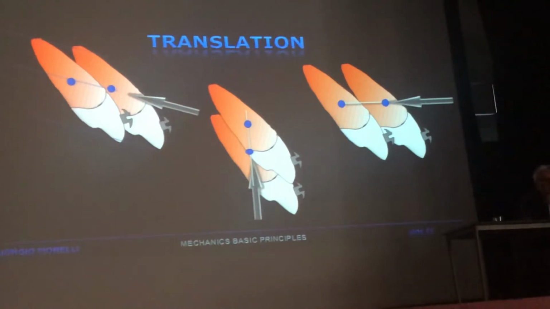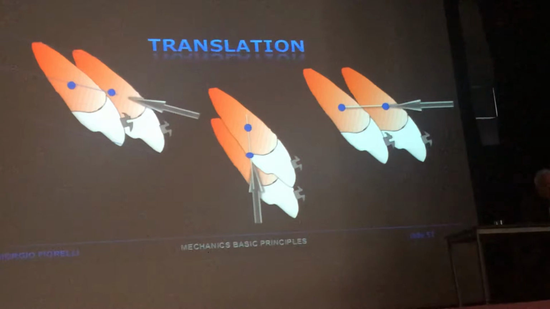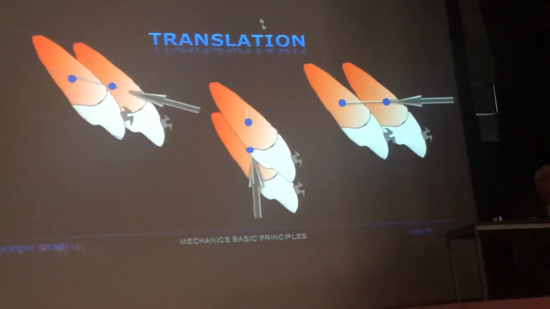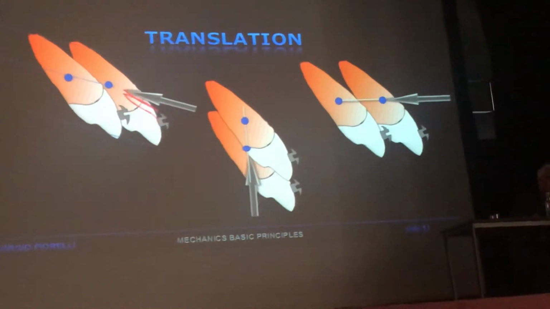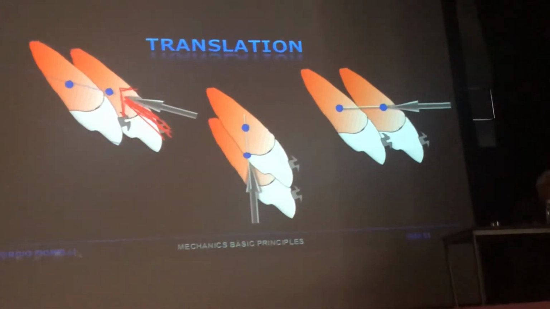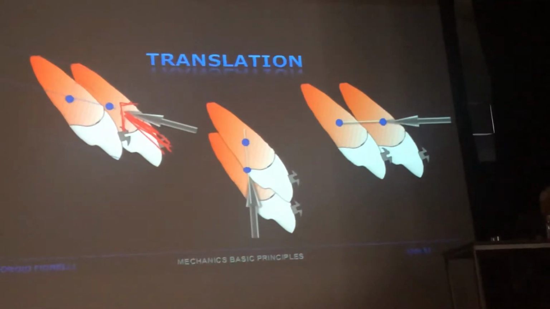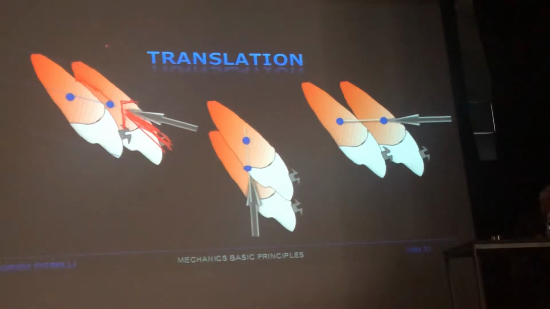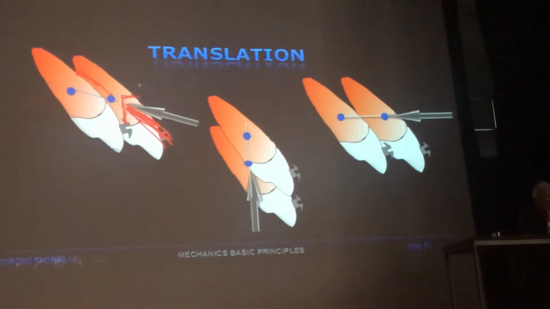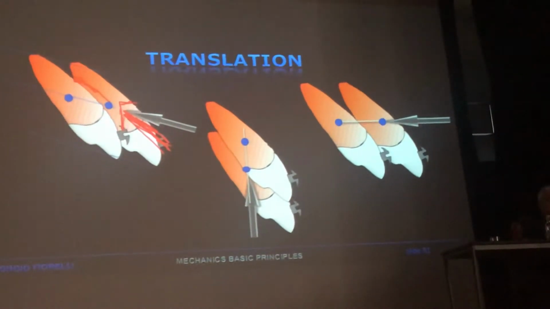The movement of all other points is happening along parallel lines. So this is the translation. And you can have a different translation if you change the direction of the force. So if you apply a force with this different direction, you will have a different translation. So the CR will move like that, and all the other points will move along different lines. Okay. So translation is not a movement, this is a big family.